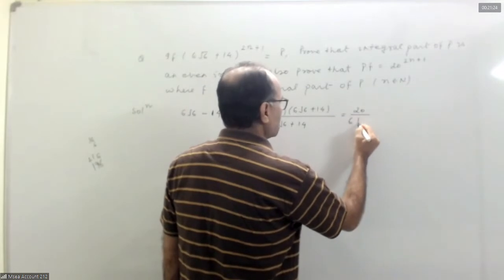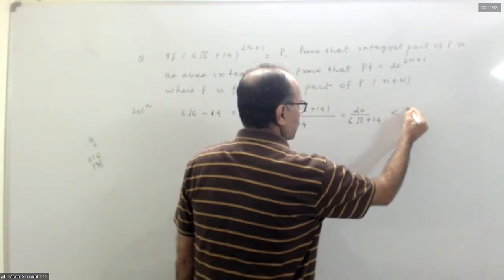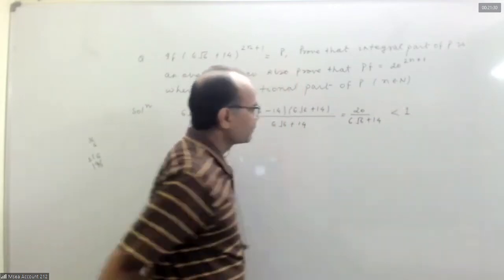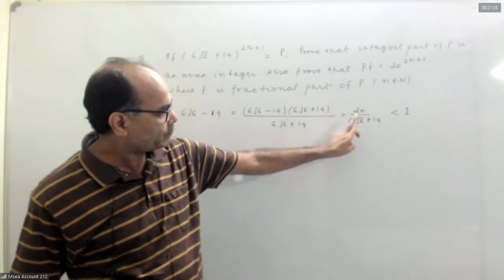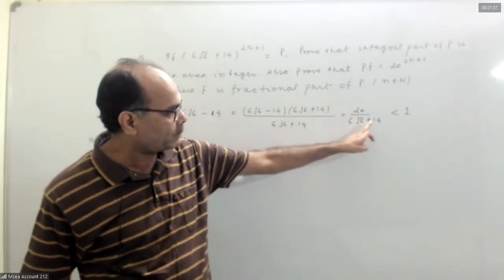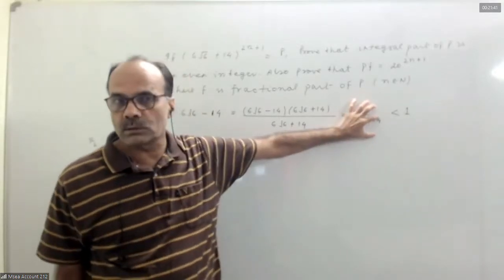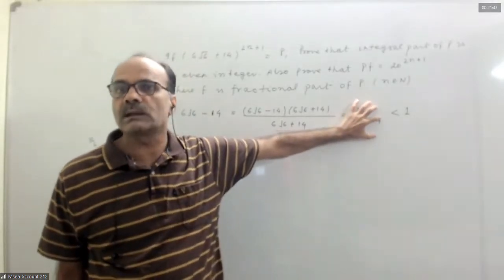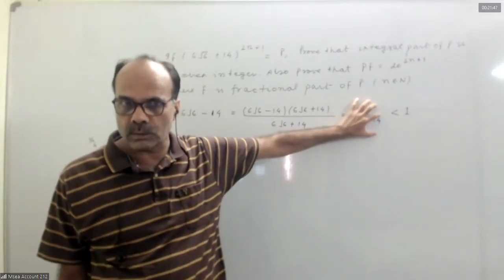So 20 by (6 root 6 plus 14), and obviously it is less than 1. This number is more than 2: 6 into 2 is 12, 12 plus 14 is more than 20. So this is strictly in between 0 and 1. Obviously it is a positive real number, and strictly in between 0 and 1.